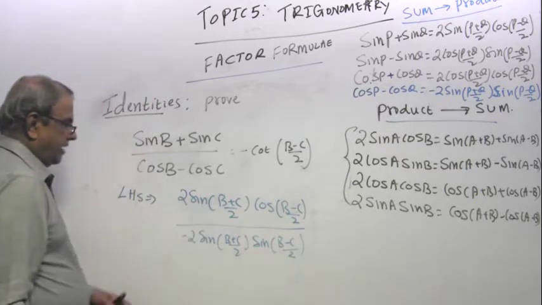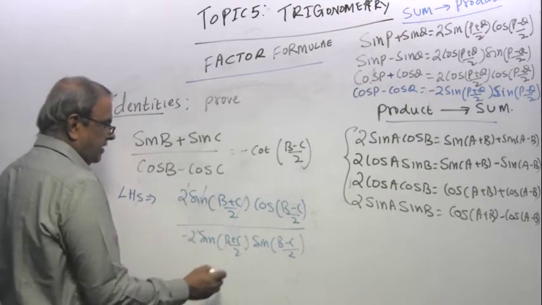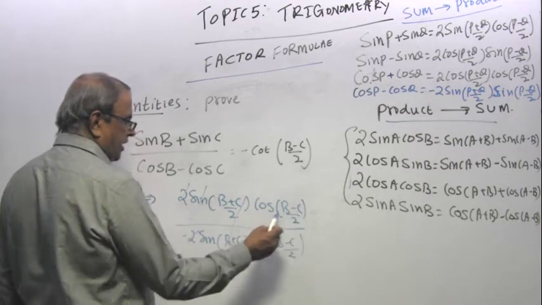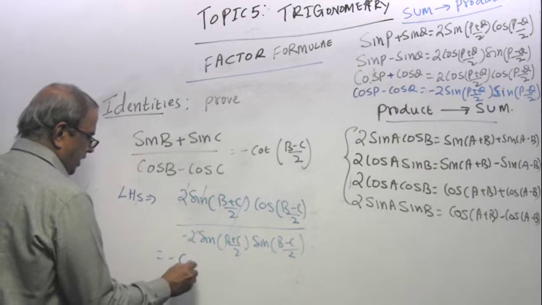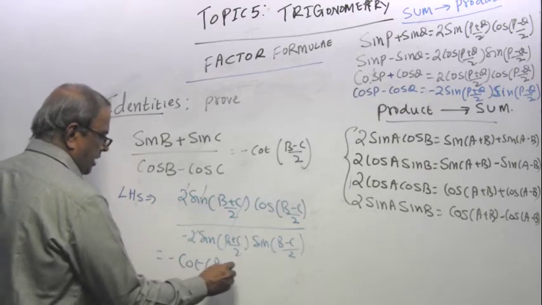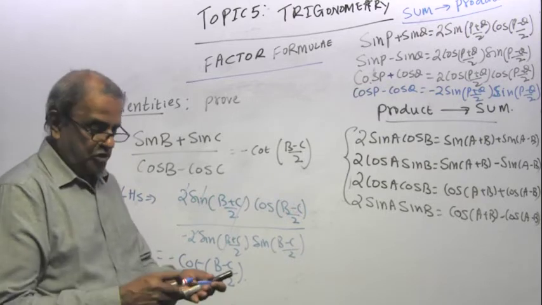The 2's cancel, the sines cancel. I get cos of (B minus C) over 2 divided by sin of (B minus C) over 2, which is minus cot of (B minus C) over 2. You proved it, haven't you?